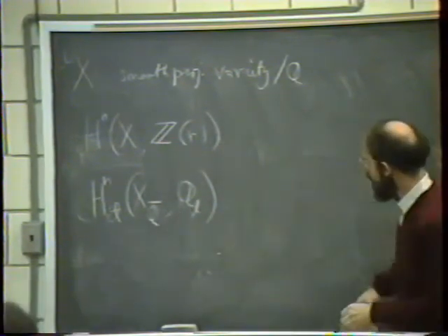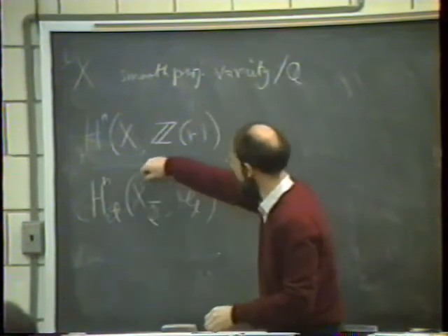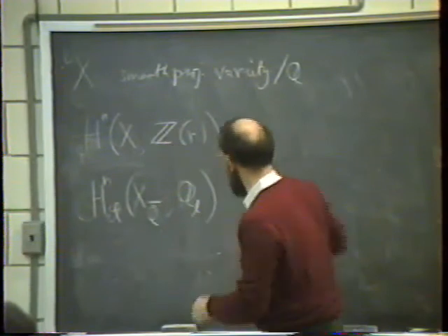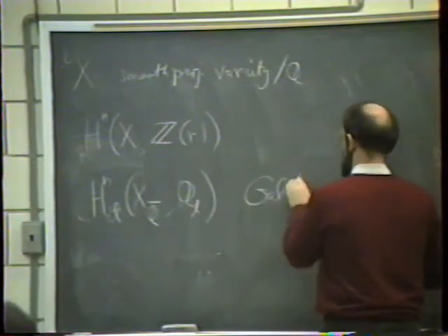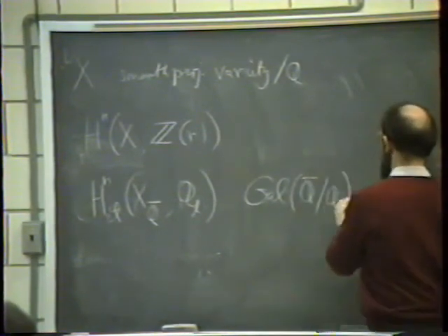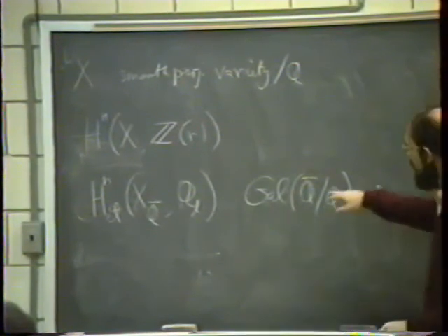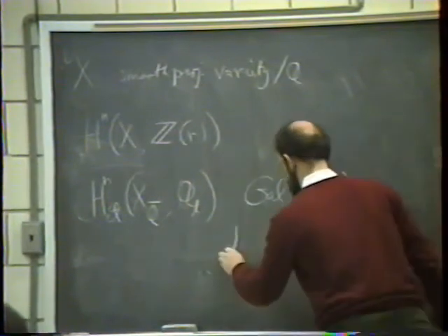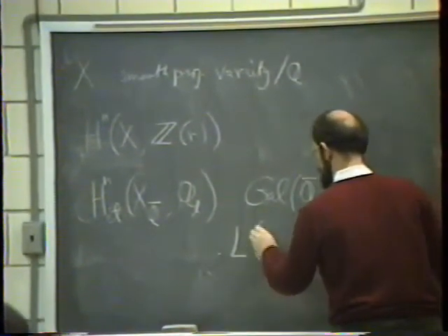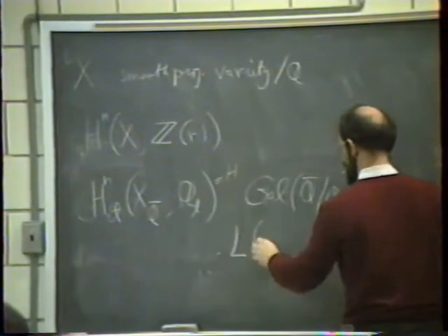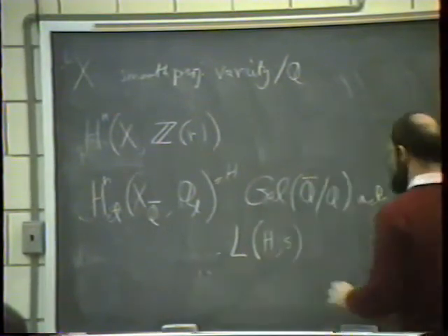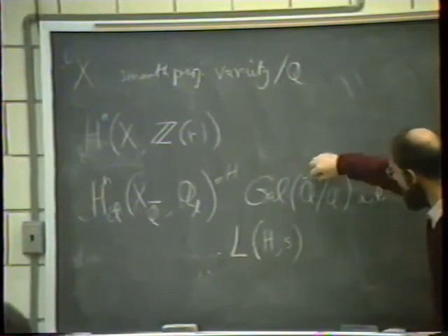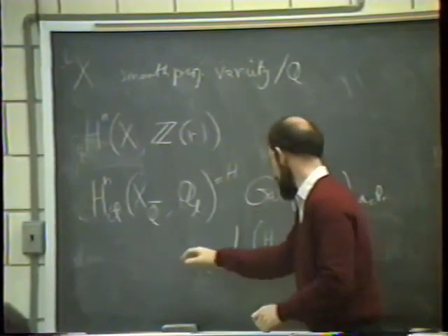The point is this is a cohomology group which in algebra plays the same role as the nth Betti cohomology, but the difference is that the Galois group of Q acts on it, and when you have that kind of action, you can define an L function. I'll just call this H, and S, by looking at the determinants of the various Frobenius elements acting on H. So there's a certain L function here.